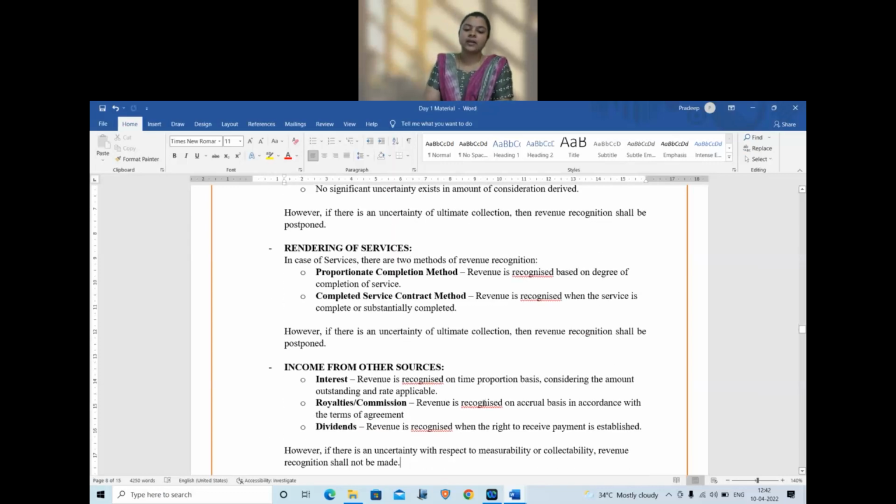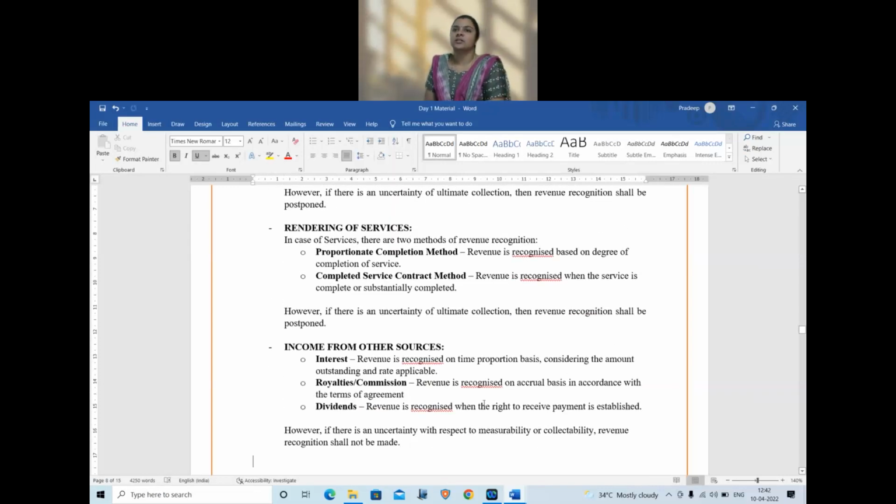Third, income from other sources. So for other sources, there are three categories: time based, agreement based, right to receive based. Time based is interest.